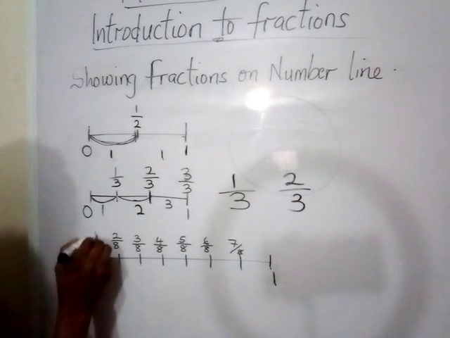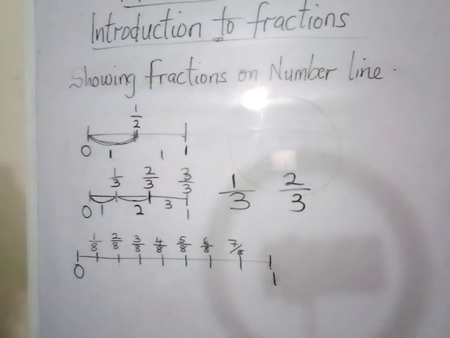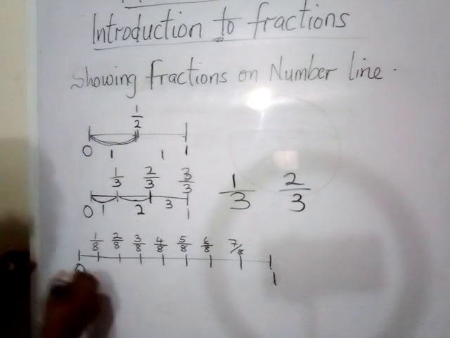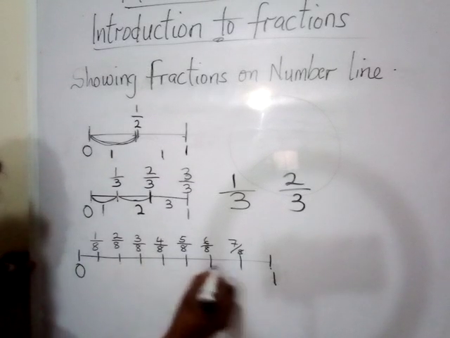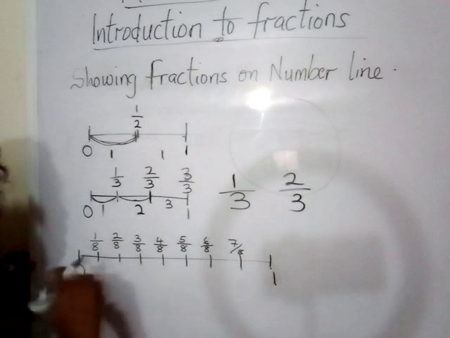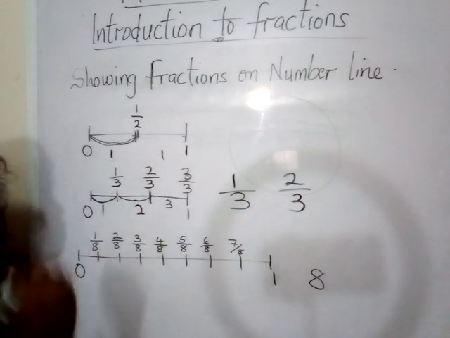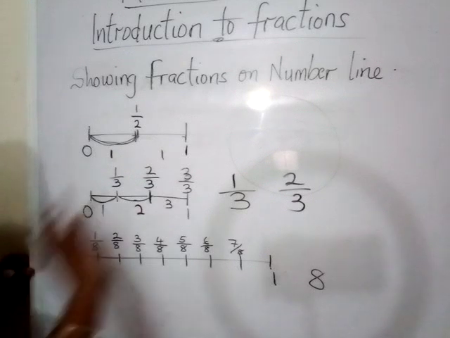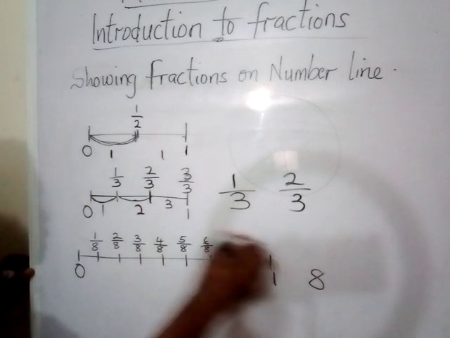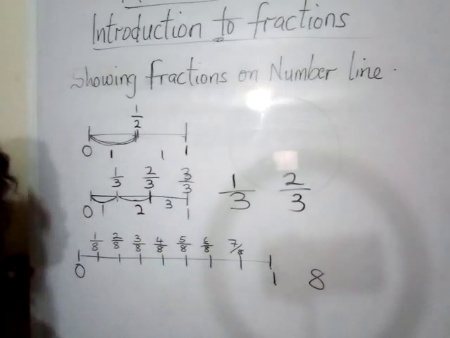Now if you look at this part, it is shown as 1 out of 8, 1 over 8. Why? Because the whole is 1, 2, 3, 4, 5, 6, 7, 8. Everything that forms the whole is 8. I write my 8. All the 8 is what forms the one whole.